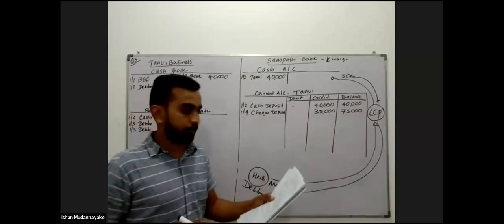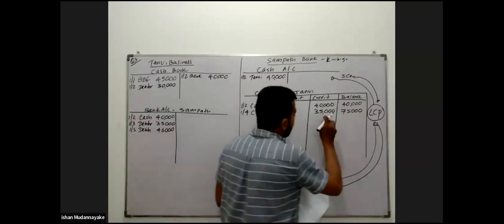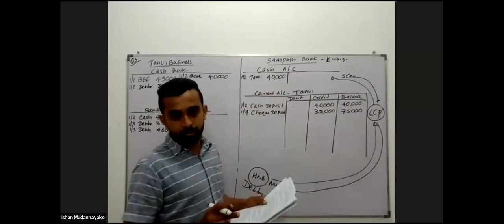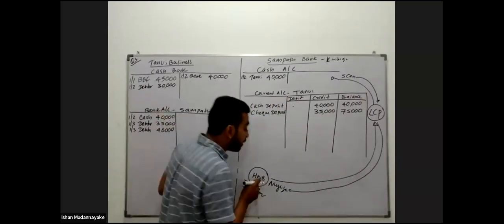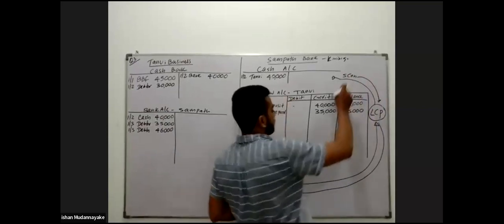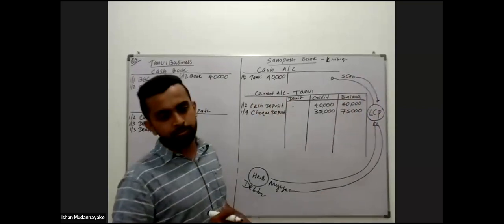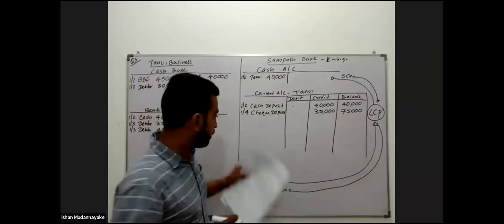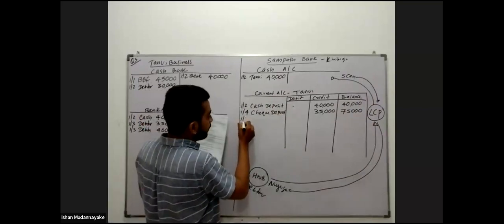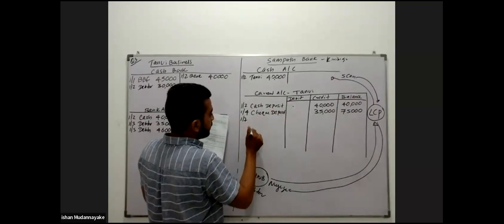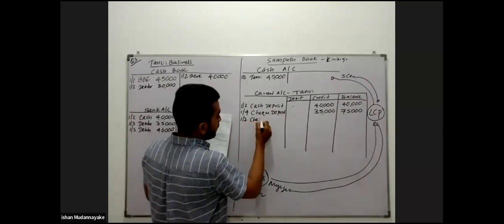The cash collected date by the bank is 7th January. Because of this complex checks realization process, it takes some time. So on 7th January, write down check deposit.